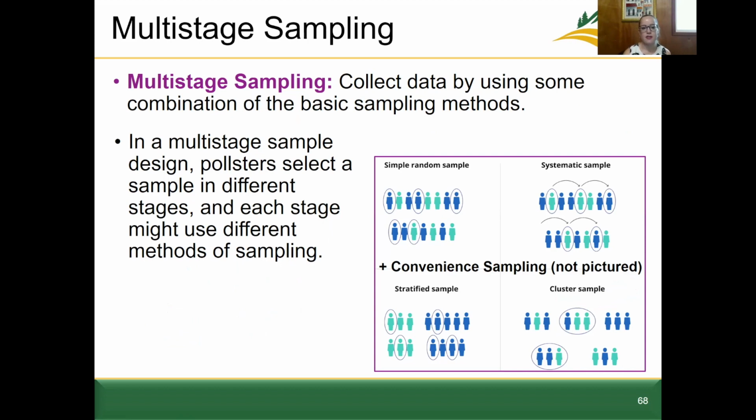In multi-stage sample design, the statisticians that are polling select a sample in different stages, and each stage might use different methods of sampling. So it's sort of a hodgepodge of these sampling methods. You can think of multi-stage sampling as a combination of the sampling methods that we went over, including convenient sampling again, so a combination of these 5 different sampling methods.